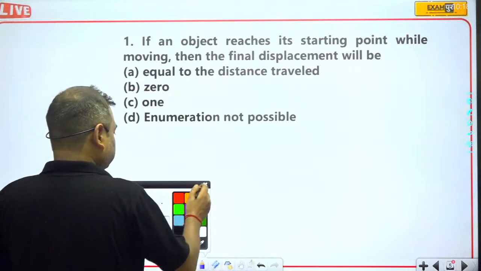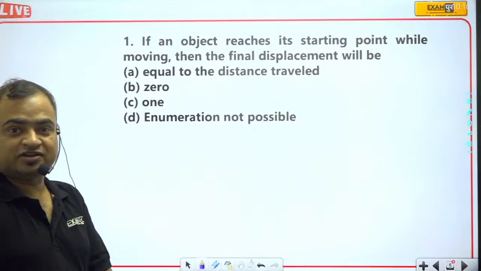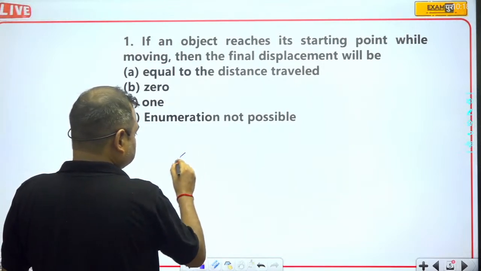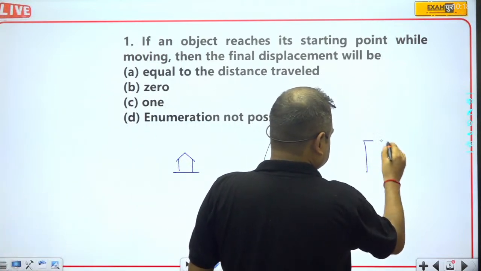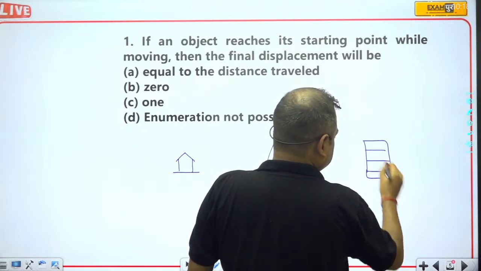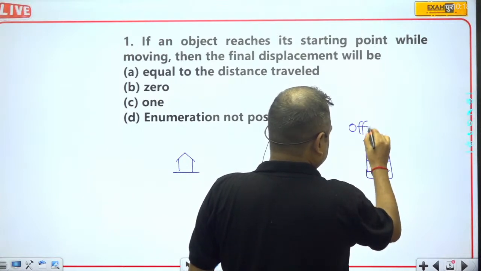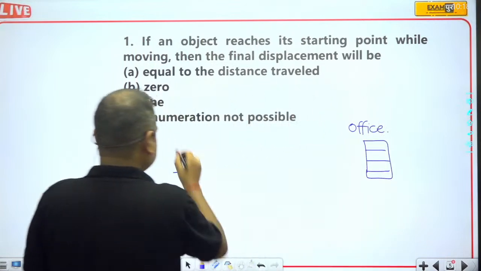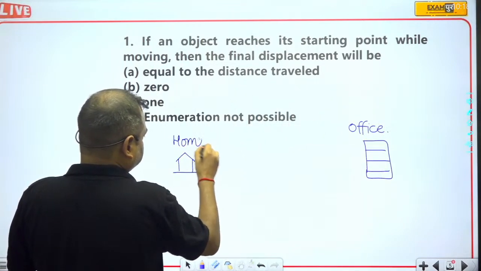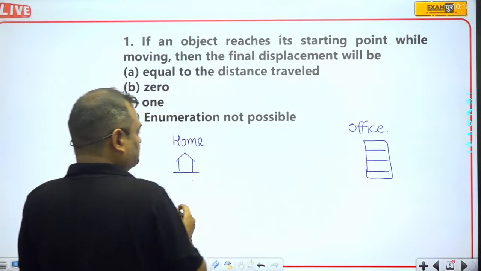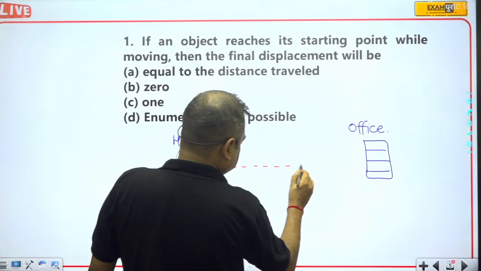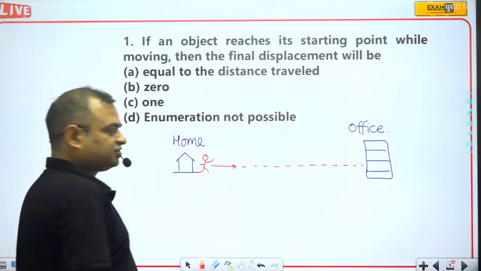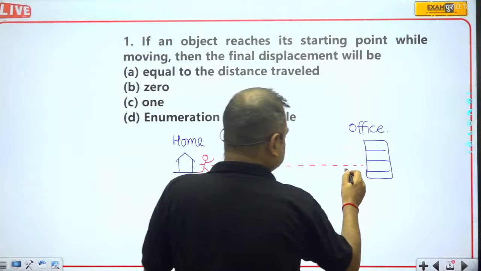Yes, guys, suppose that this is the home of a man, and this is the office of the man. Now suppose the man starts moving in this direction, and in this way, and after that in the evening he just returns back to his home.